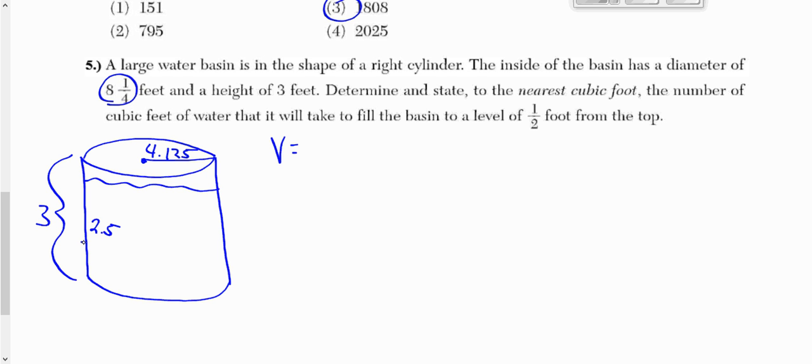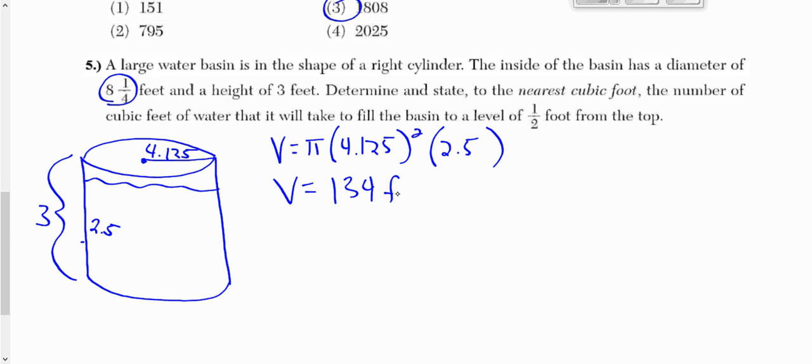So volume equals pi times 4.125 squared times our height of 2.5, which gives us 134 cubic feet. Okay? We all happy with that one? So the only thing is you've got to read it carefully.